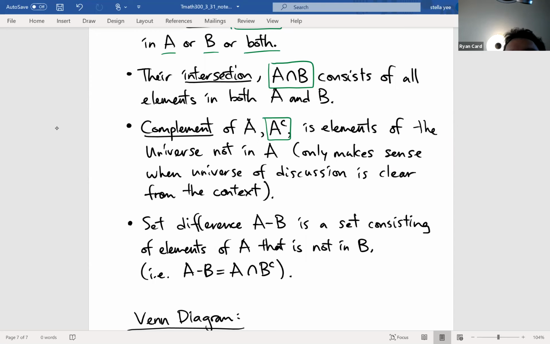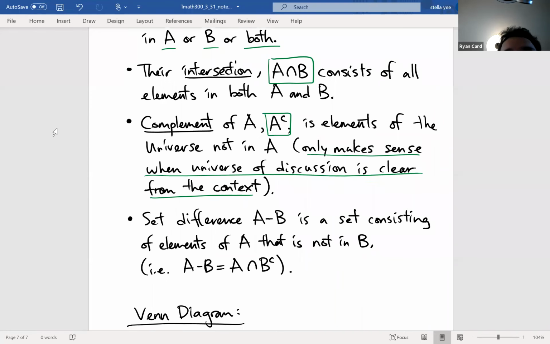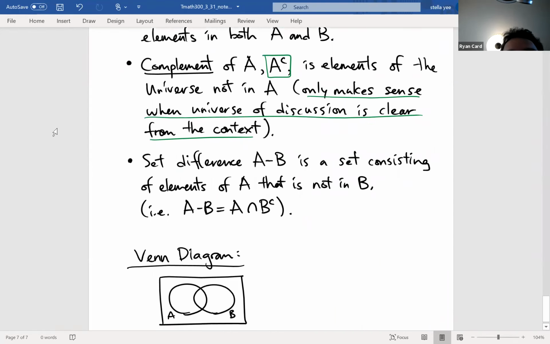So complement only makes sense when the universe of discussion is clear from the context. There's another notation, set difference, A minus B. Sometimes this is written A backslash B. That's another common notation.